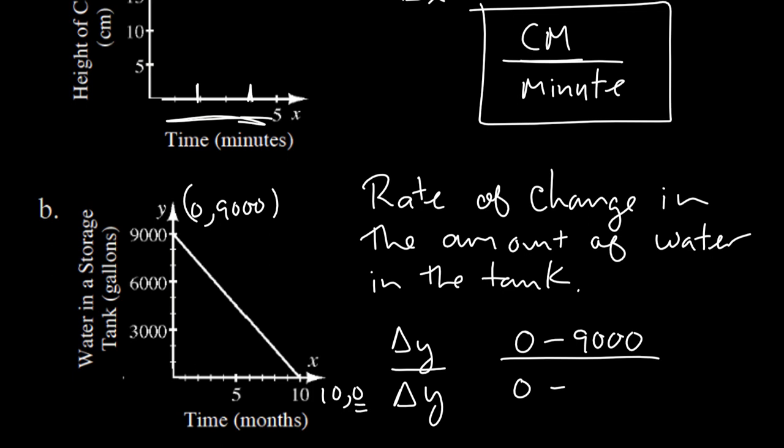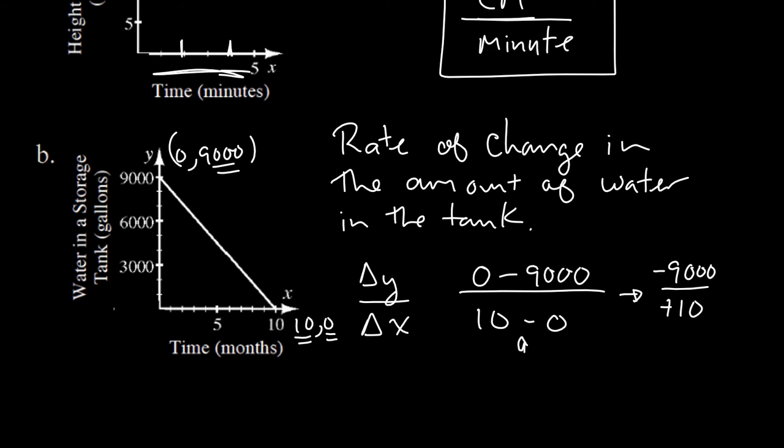So I take this and I subtract this one. And then I wrote delta y again. For my change in x, x ends up at 10 months, right? But I started at month 0. So my change in y is negative 9,000. My change in x is positive 10, right? 10 minus 0 is 10.